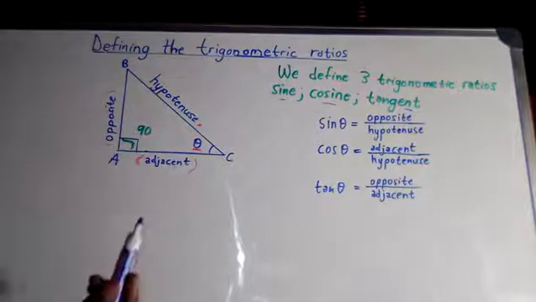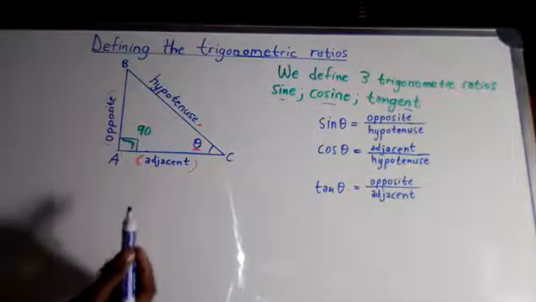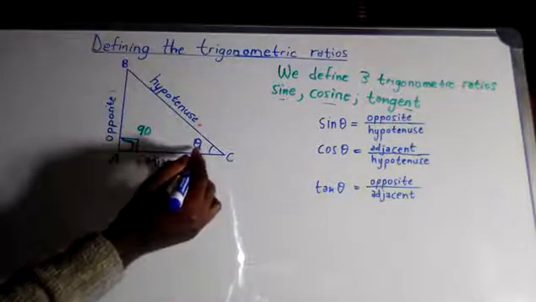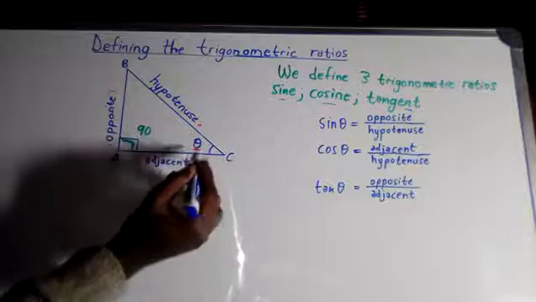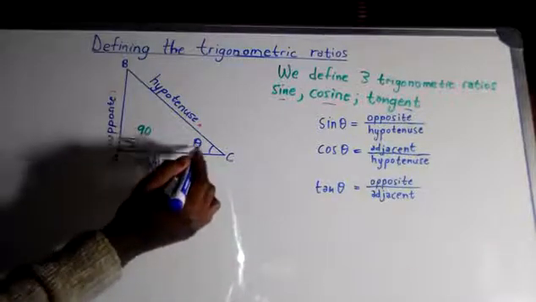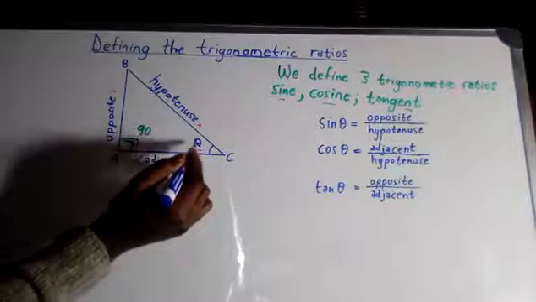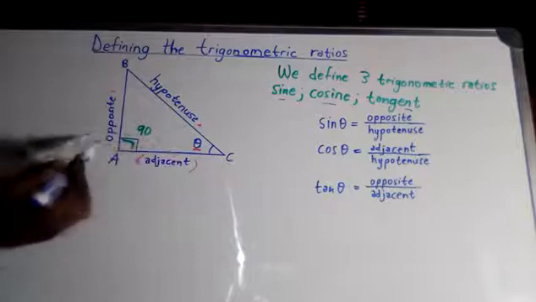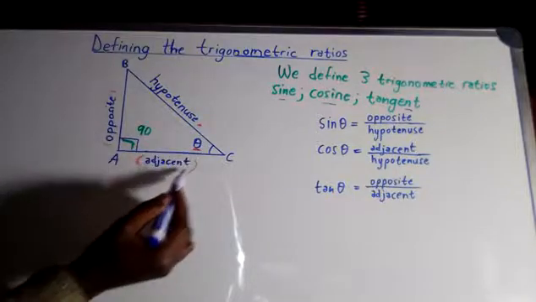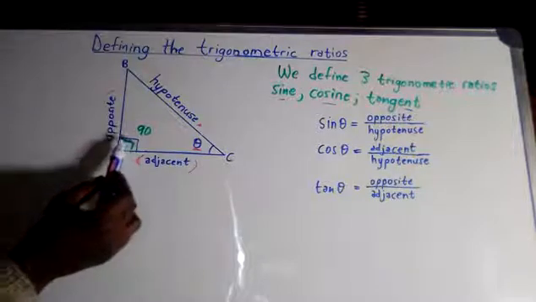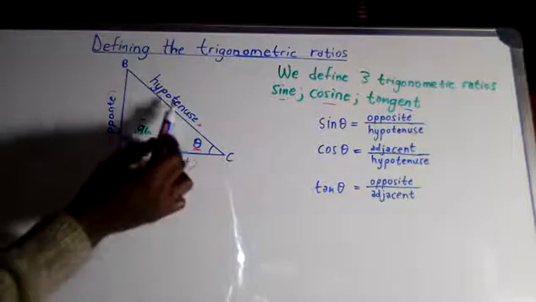So always when you define trigonometric ratios, you will be focusing on a specific angle. Now we are focusing on theta, and when you are focusing on theta, the side that is opposite theta is called opposite, the side under theta is adjacent, and the side that is opposite your right angle is always hypotenuse.